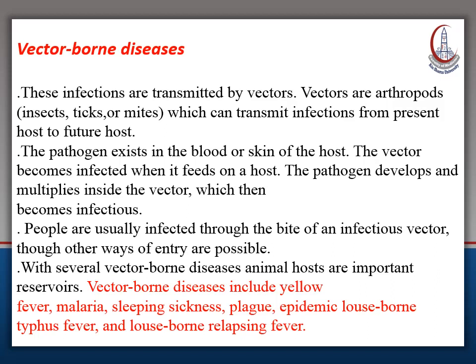We call this arthropod a vector, and we call the disease resulting from infection by this method vector-borne disease. There are many famous examples of these vector-borne diseases, which include malaria, sleeping sickness, plague, epidemic typhus, epidemic relapsing fever, and so forth.